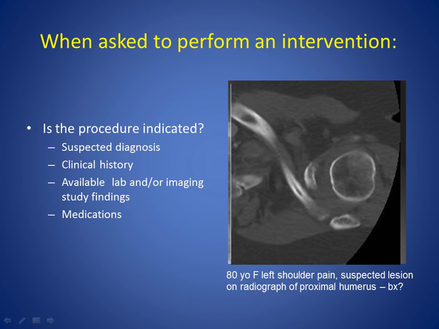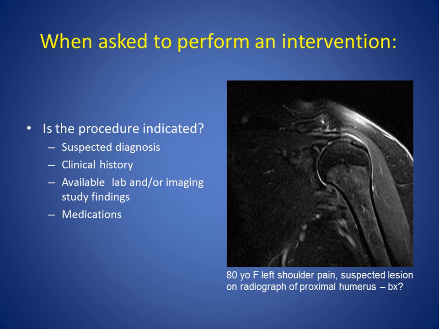Does anyone see one? Neither did I. I called him back and said, you know, I don't think there's anything there. Let's get an MRI and we'll prove it. And so we got the MRI, no lesion. So just be careful. You want to look at all available imaging studies. In some cases, it might behoove you to get another imaging study. Please don't biopsy it unless you have to.